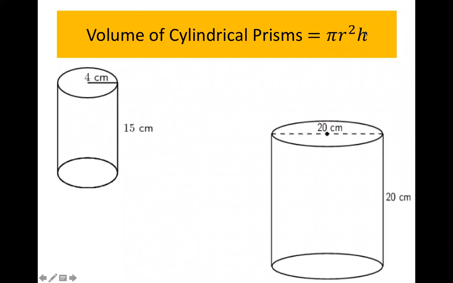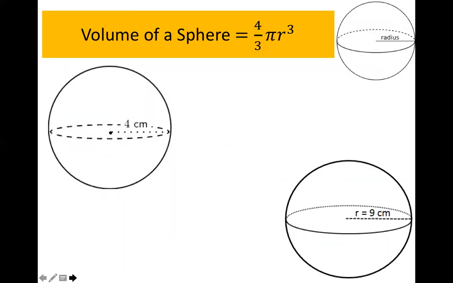Okay, r is radius, h is height. And then I have volume of sphere, 4 over 3 pi r cube, where r is the radius.